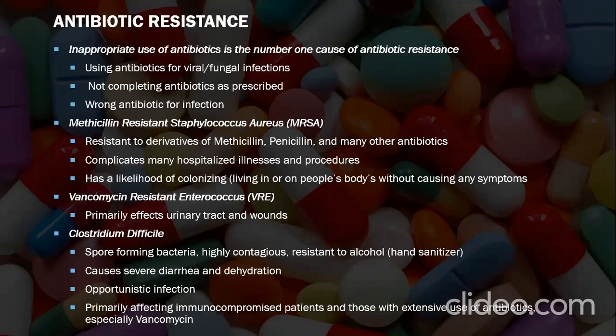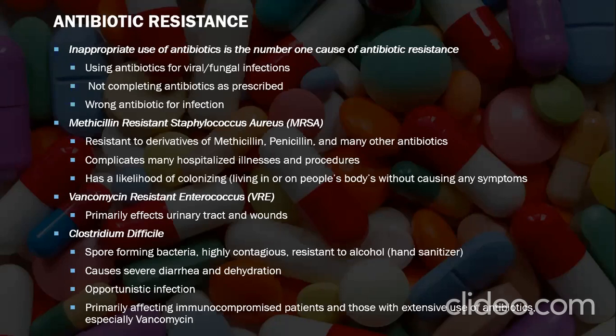So methicillin resistant Staphylococcus aureus is exactly that. Staphylococcus aureus is a bacteria. I'm not a microbiologist, so I'm not about to get all into that, but it is resistant to methicillin, which was the precursor to penicillin.